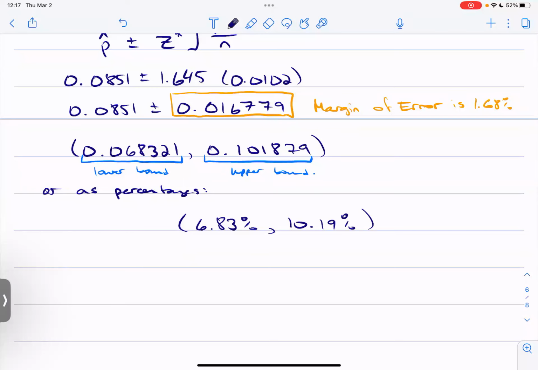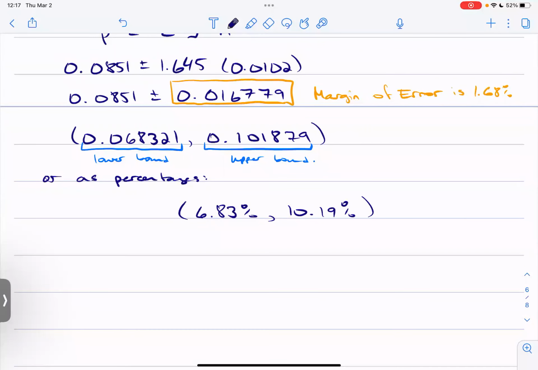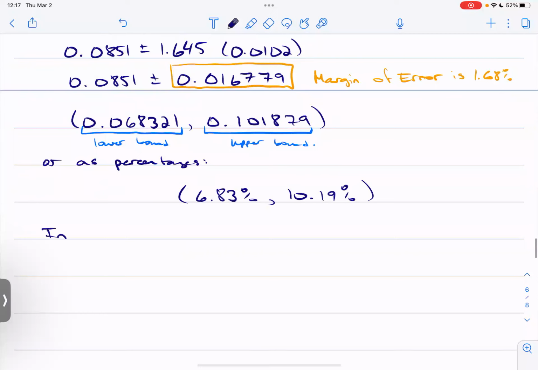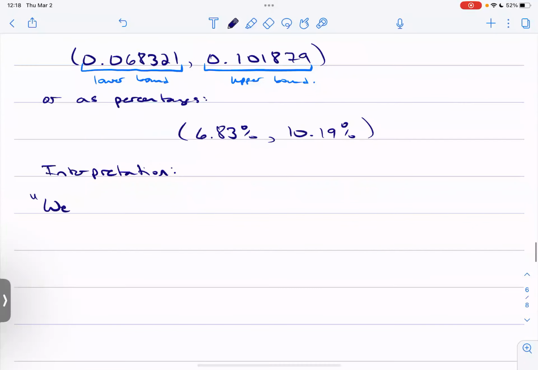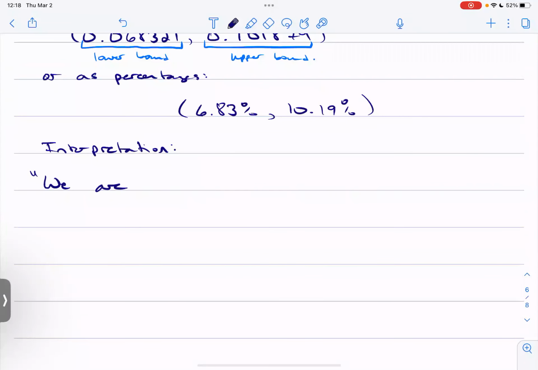All right. Last thing we have to do is interpret this thing. So now, interpretation. What I want you to do is just write out that empty shell, and then we're going to fill it in. Okay. So I use the royal we are blank.